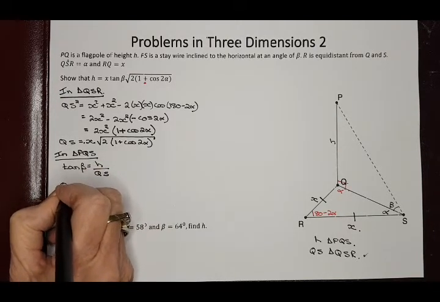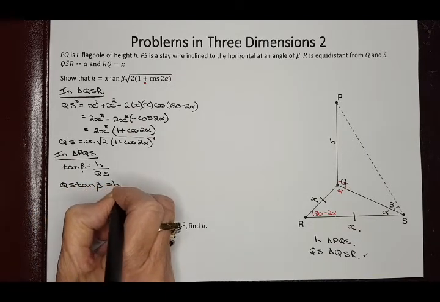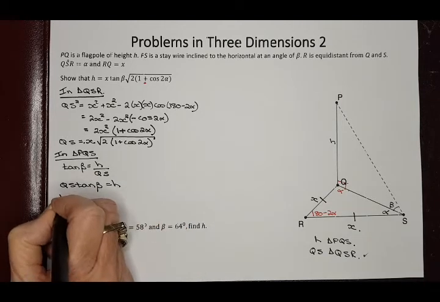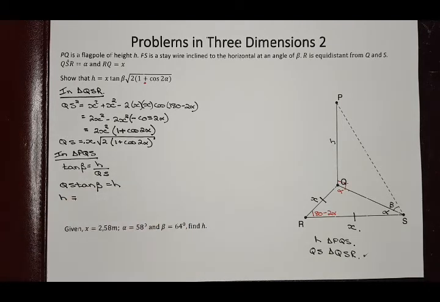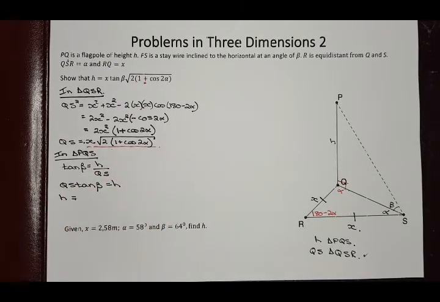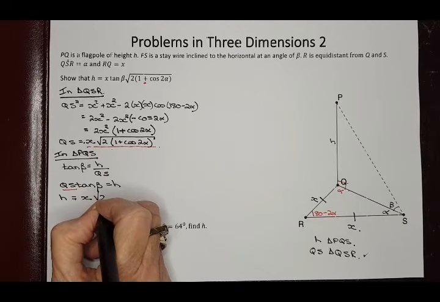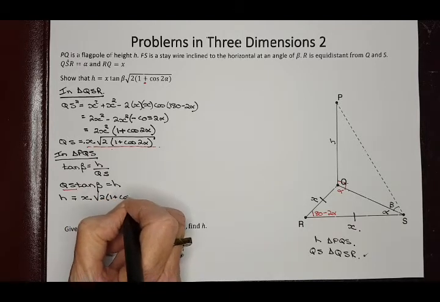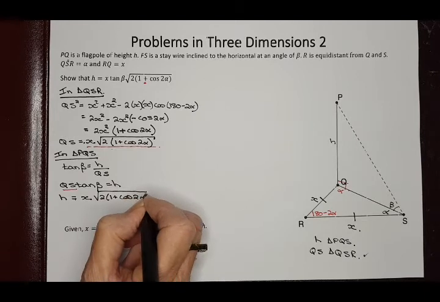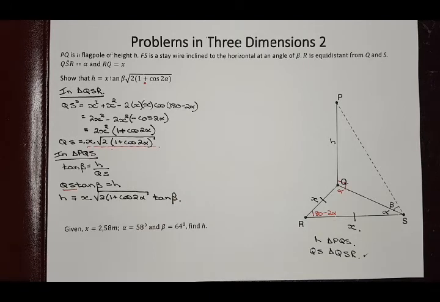This simply means that QS times tan of beta is going to equal h. In other words, h is equal to, I go back and see what I had worked out for QS. That's this expression over here. And I'm going to replace QS with that expression. And so h is equal to x times the square root of 2 bracket 1 plus cos 2 alpha multiplied by tan of beta.